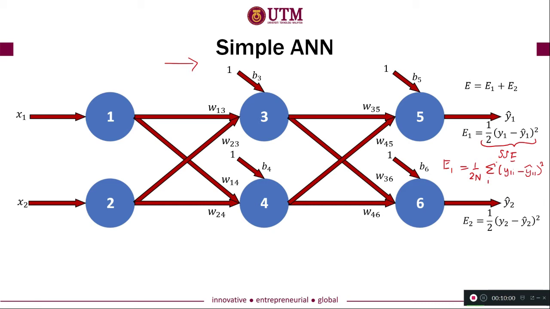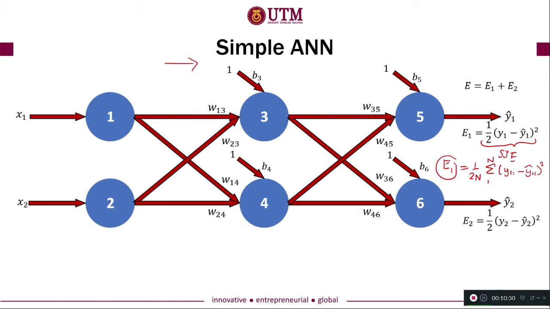So for MSE, to find the error, you need to test on a bunch of data from your training data set, because this i will vary according to how many samples are in your data set. Let's say your data set has 100, so n equals 100. You need to compute 100 times before you can compute your E1.